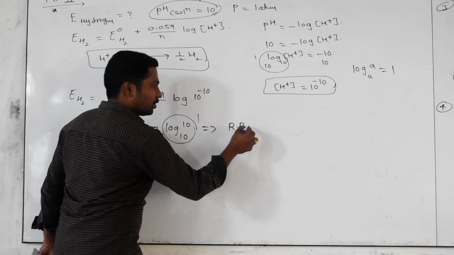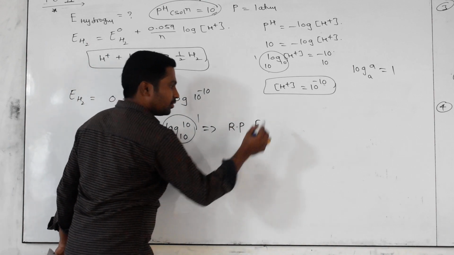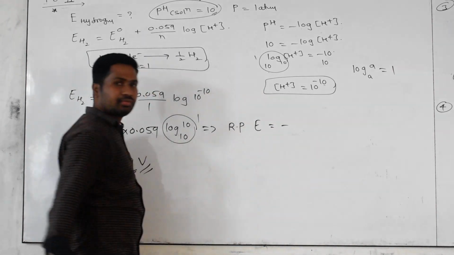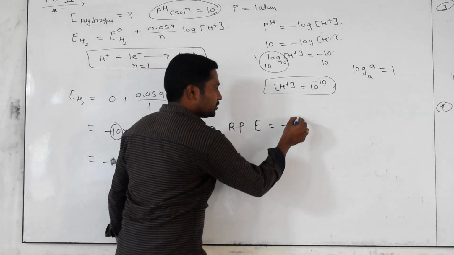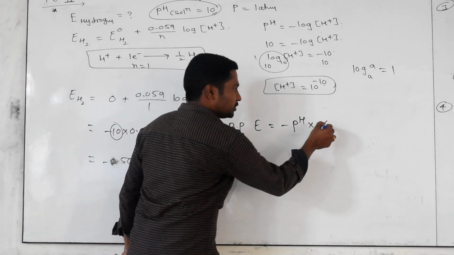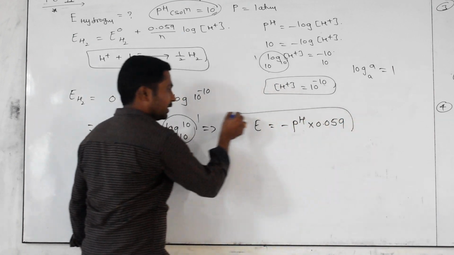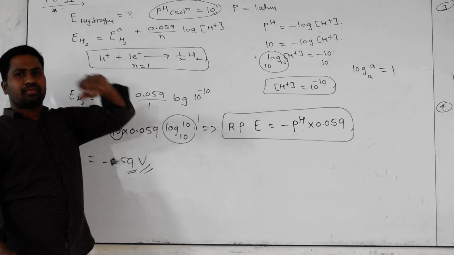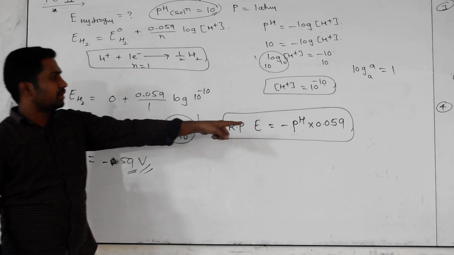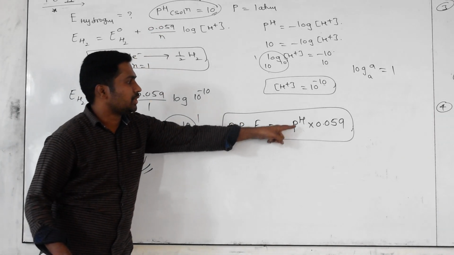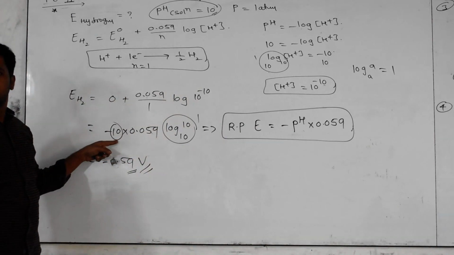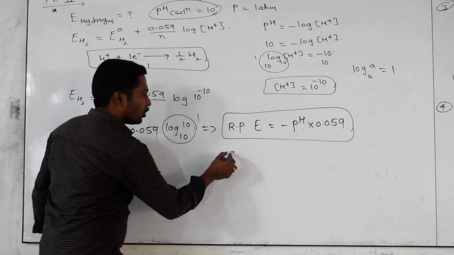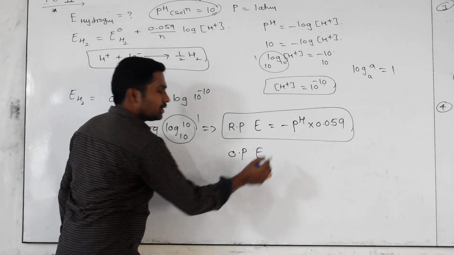Reduction potential of any electrode is equal to minus of pH of that solution into 0.059. Yes. So for the reduction potential of any electrode, if only the pH value is given, then it is minus pH into 0.059. That's it. This is a very useful shortcut formula. No, he asked for the oxidation potential of the electrode.